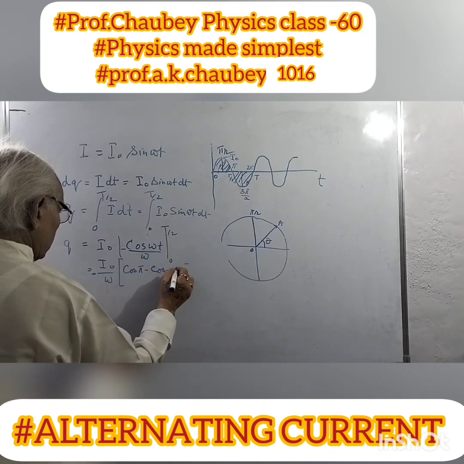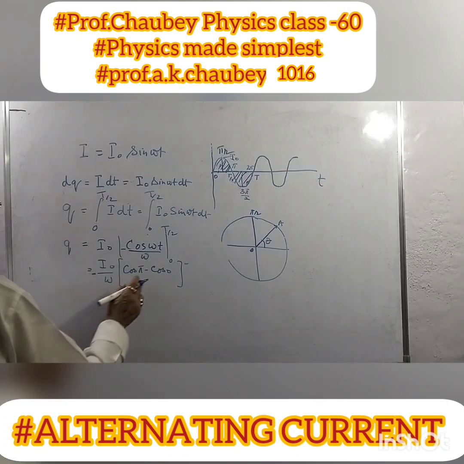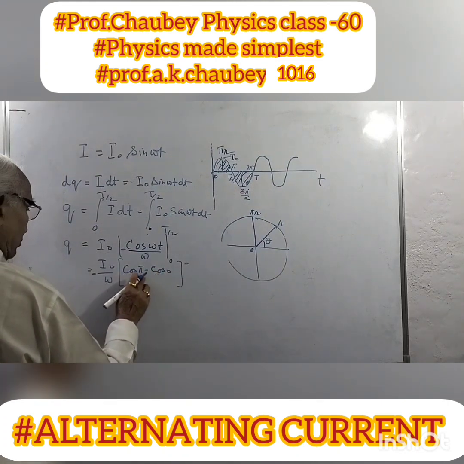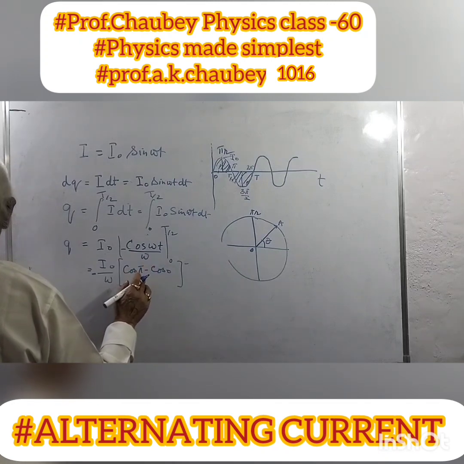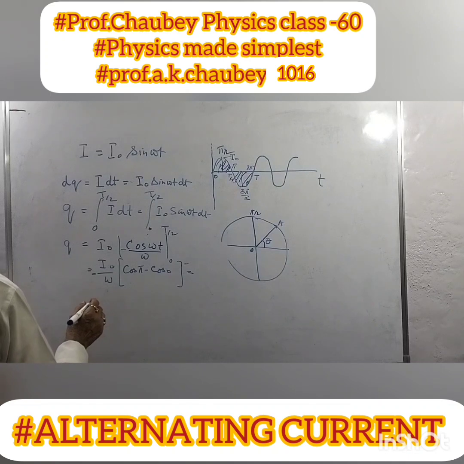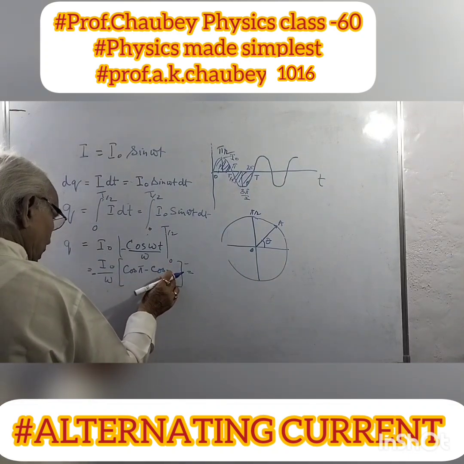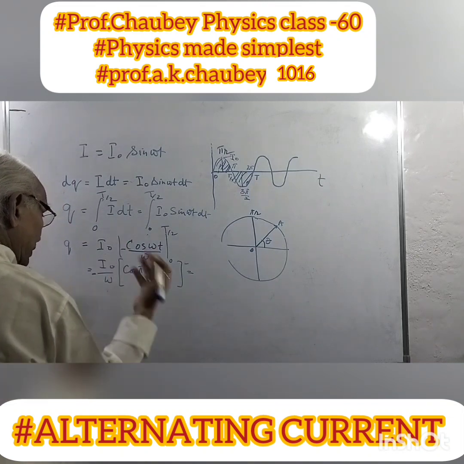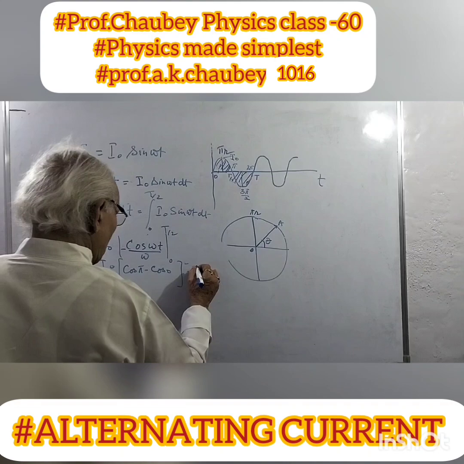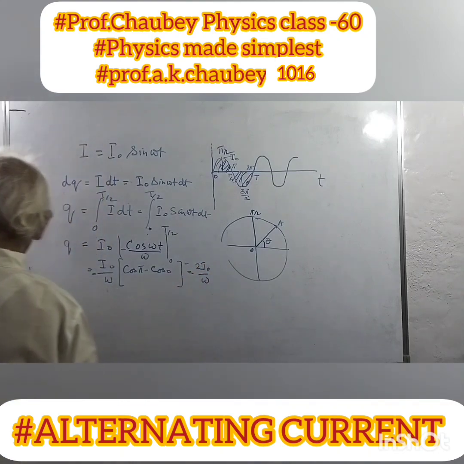Cosine pi means minus 1, cosine 0 is equal to 1, so minus 1 minus 1, and with the minus outside, this becomes plus twice I naught over omega.